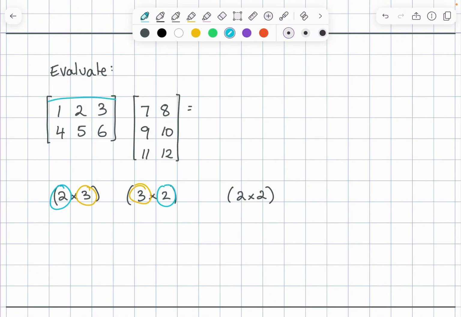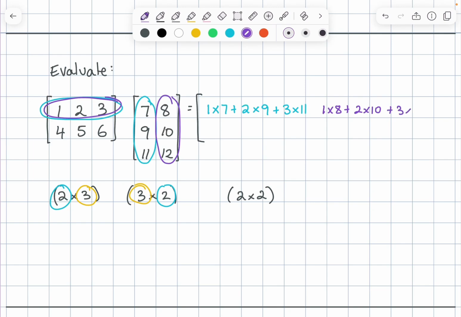Let's start with first row, first column. 1 times 7 plus 2 times 9 plus 3 times 11. Let's move on to first row, but second column. First row, second column. 1 times 8 plus 2 times 10 plus 3 times 12.